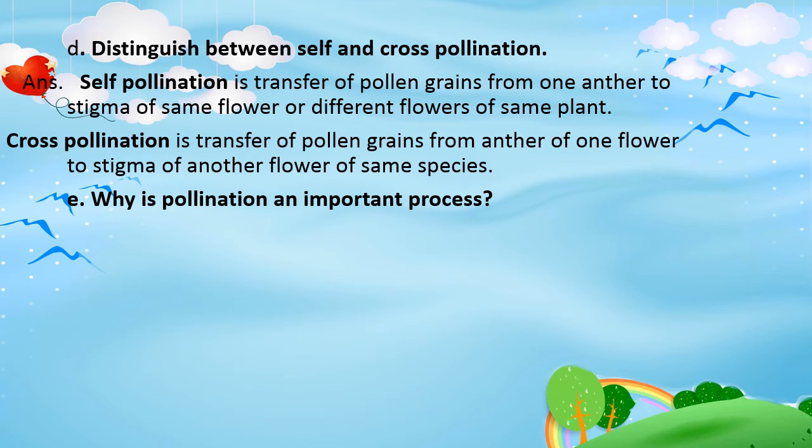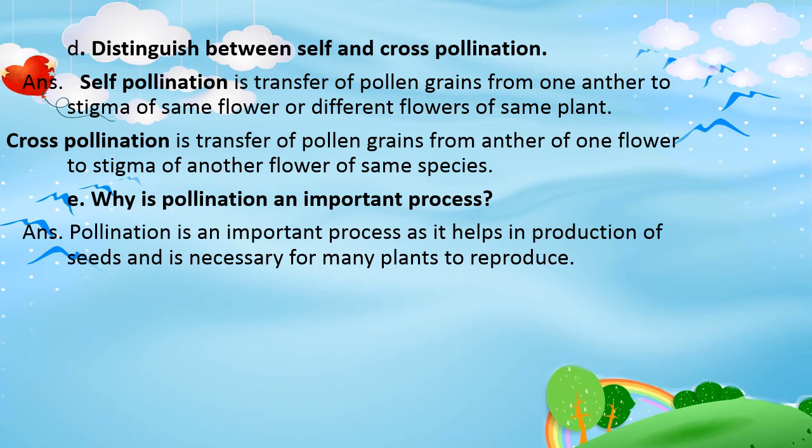Part E, why is pollination an important process? In part D we read about self and cross pollination, but why is pollination important? Why is it needed? The answer is pollination is an important process as it helps in production of seeds and is necessary for many plants to reproduce. Students, if pollination does not happen, reproduction will not happen.